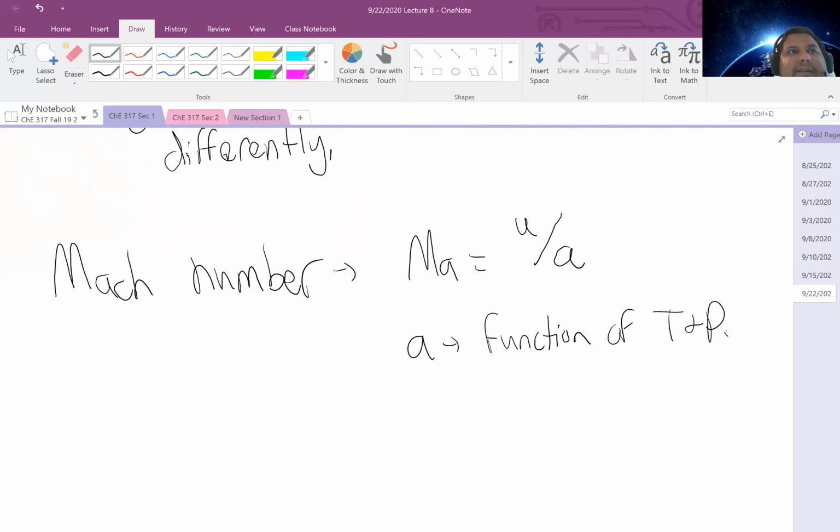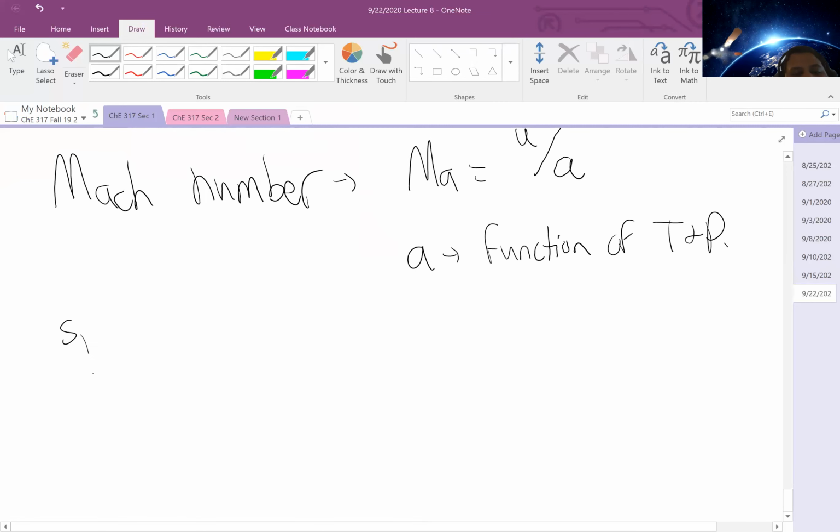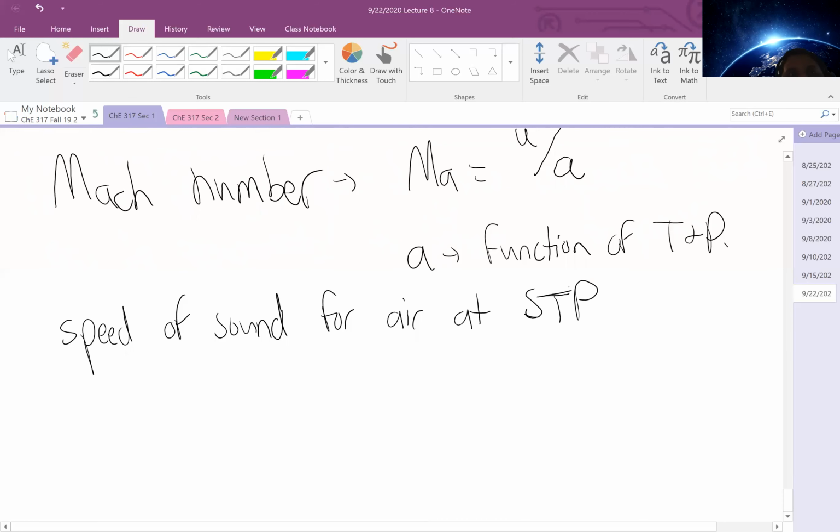So does anybody have an idea of what the speed of sound is for air? At standard temperature and pressure.